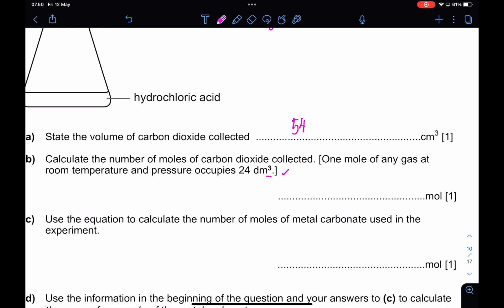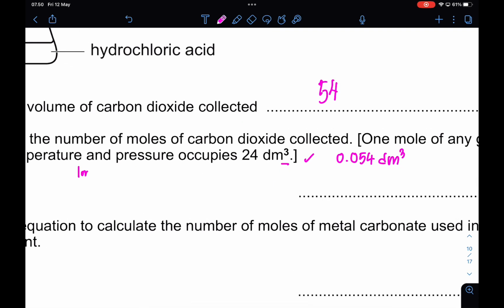So volume, I want to convert into number of moles. They have already given you this hint. Now do remember 54 cm cube, you need to change into dm cube. How to change? Divide by 1000. So you will get 0.054 dm cube.